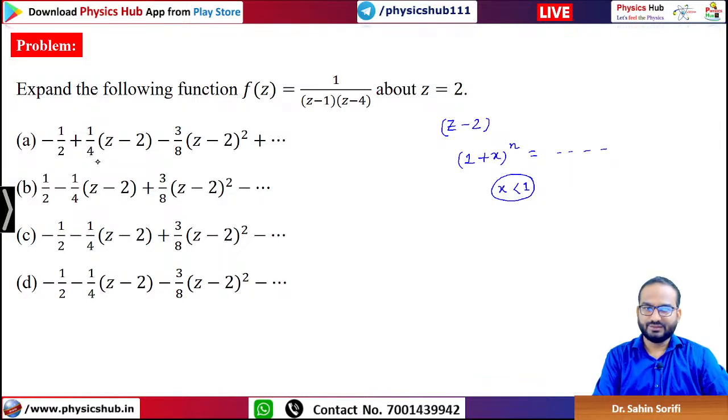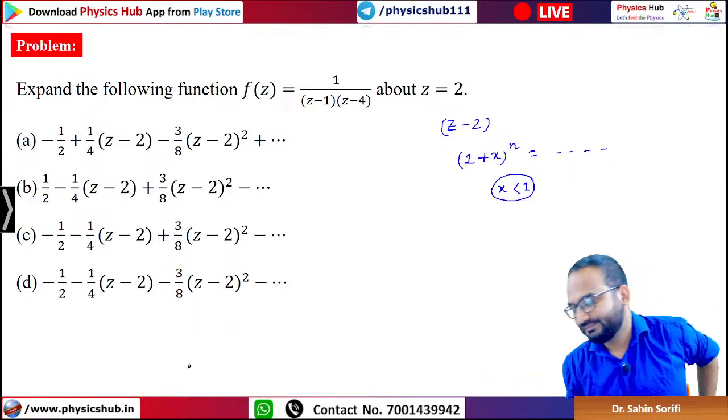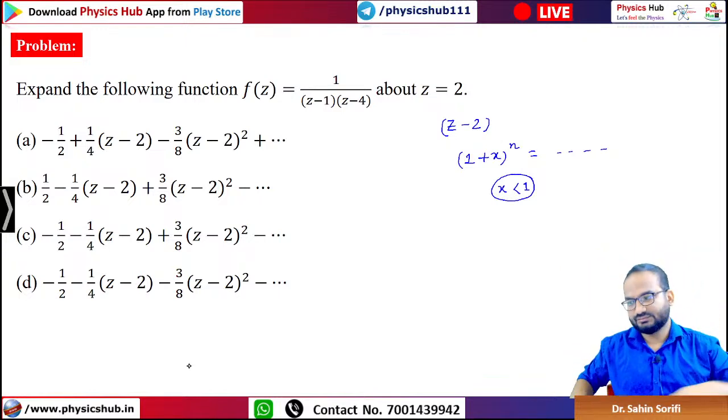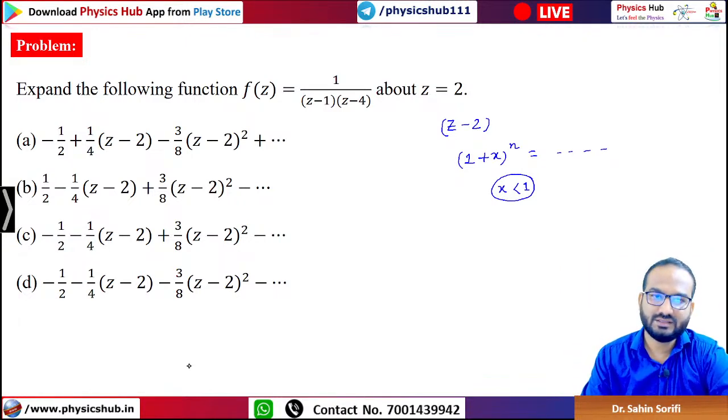So here also, when you are expanding it in an infinite series, the term of the expansion should be less than 1, right? z minus 2 should be less than 1. Mod of z minus 2 less than 1, then only you can expand.